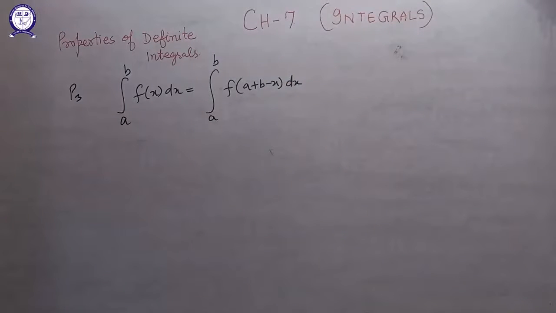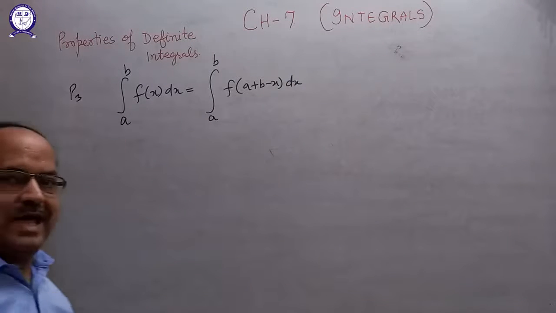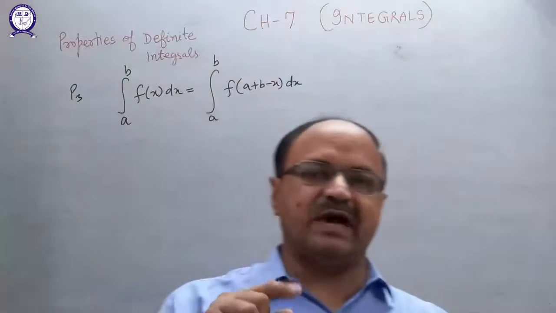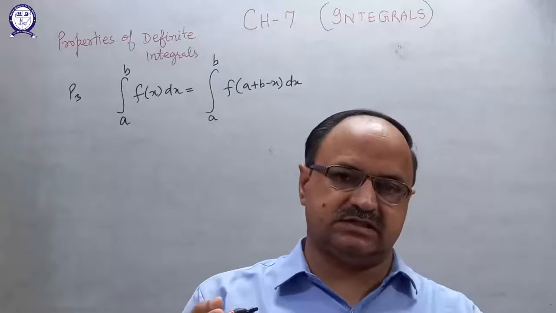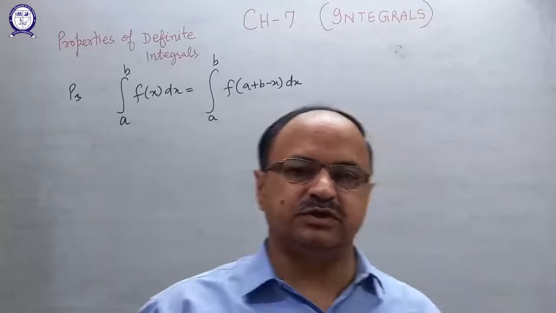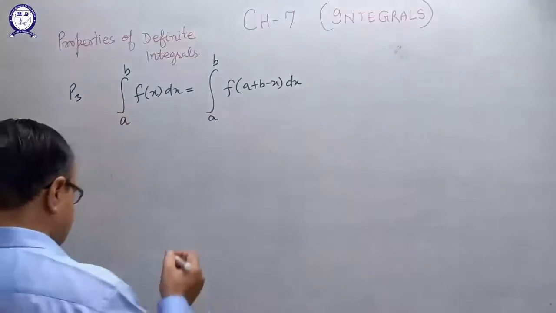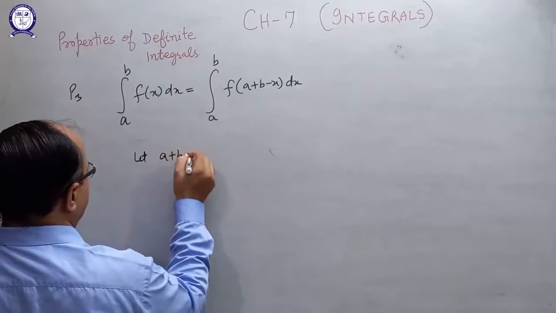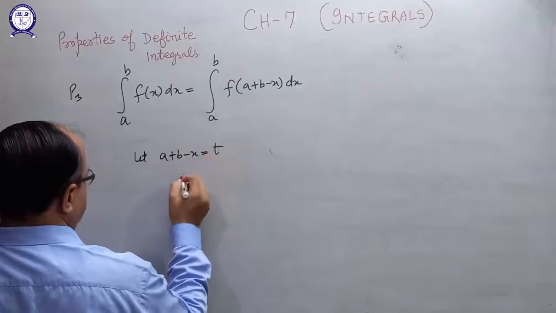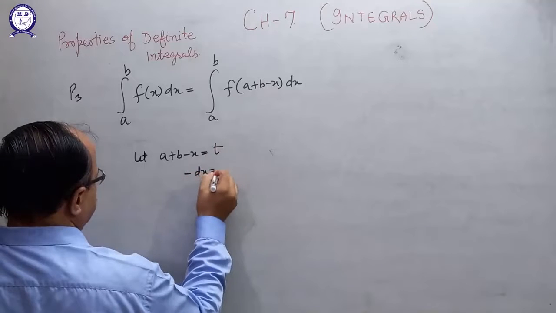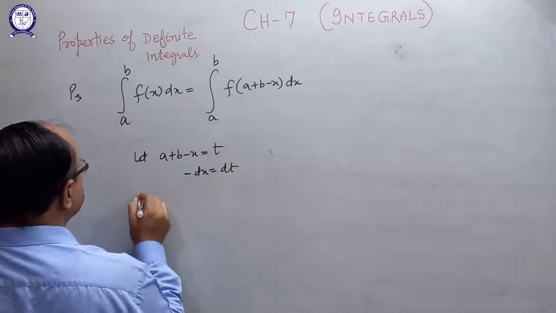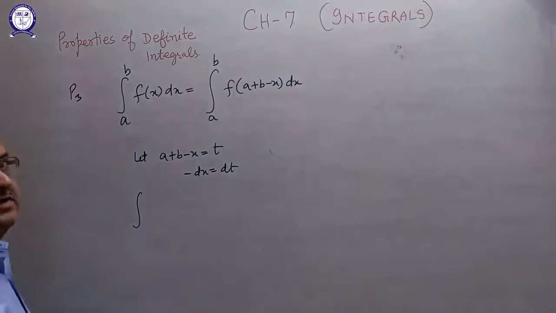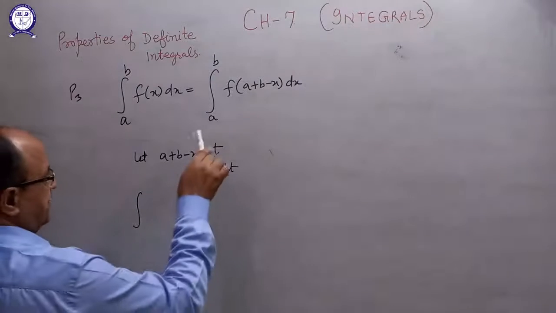This is property number P3. You can replace x by a plus b minus x. You can also prove this property. Let a plus b minus x is equal to t, and the derivative is minus dx equal to dt. Now change the limit.